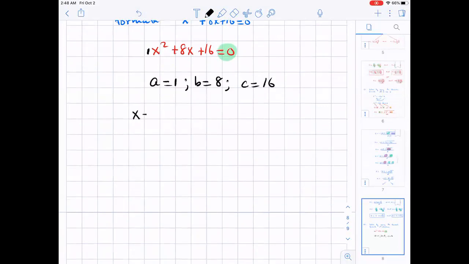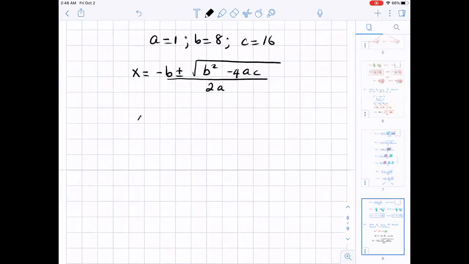So our formula, x is equal to minus b plus or minus the square root of b squared minus 4ac, everything over 2 times a. So if we plug in values now, we have minus, instead of b, we'll write 8, in parentheses, plus or minus the square root of 8 squared minus 4 times a times c.